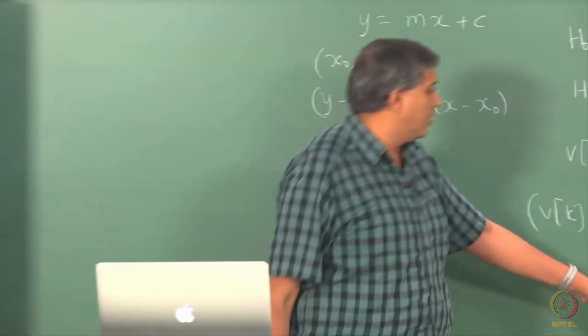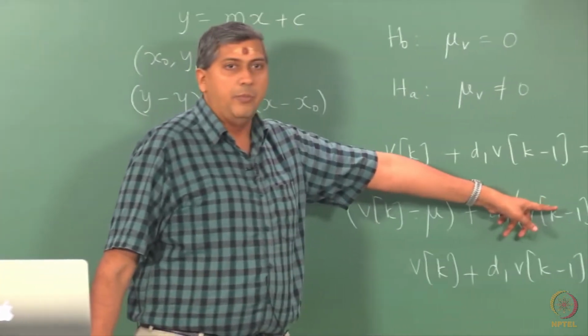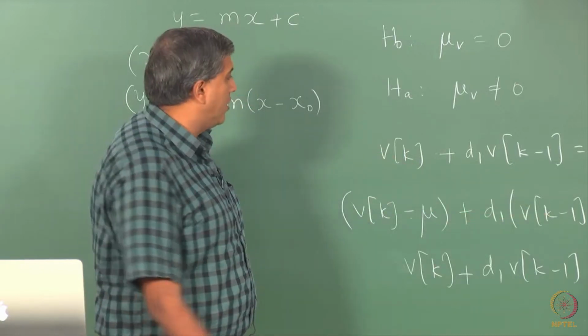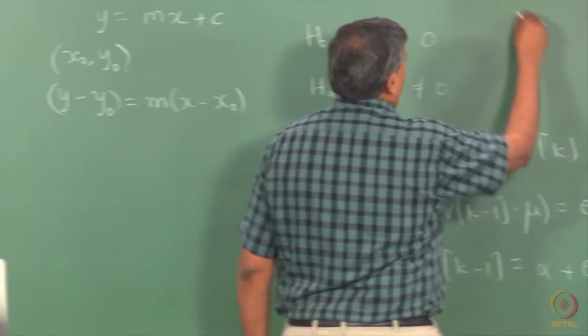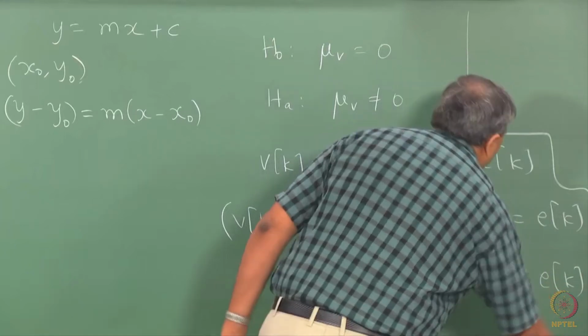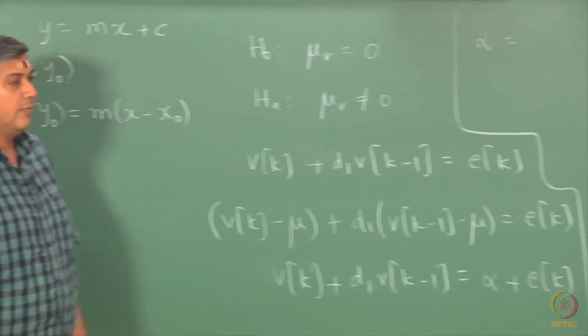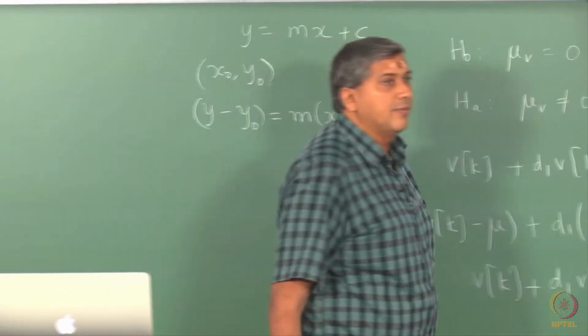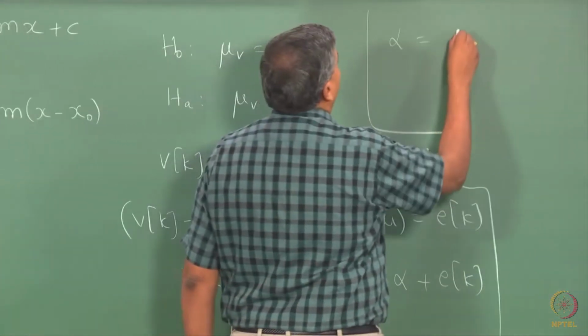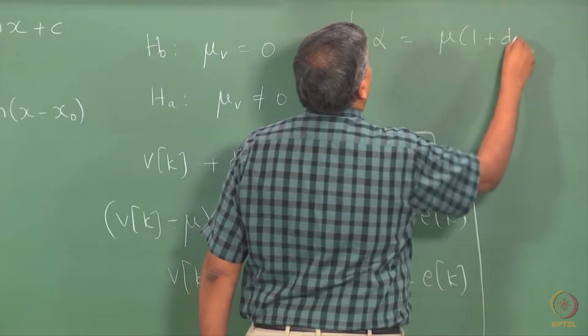But this alpha has a relationship with d1 and mu, and what would be the relationship? So, what would be alpha here for us? mu times 1 plus d1.